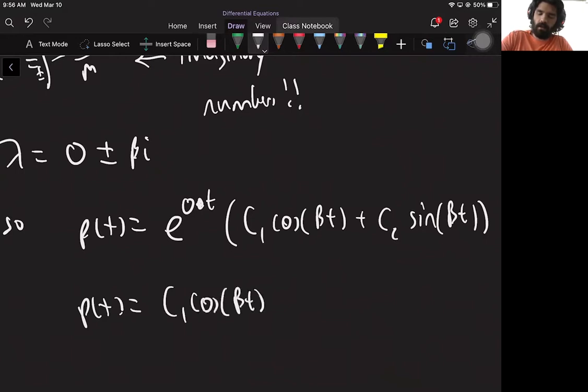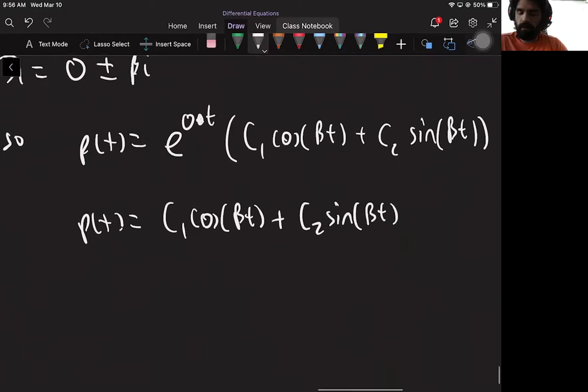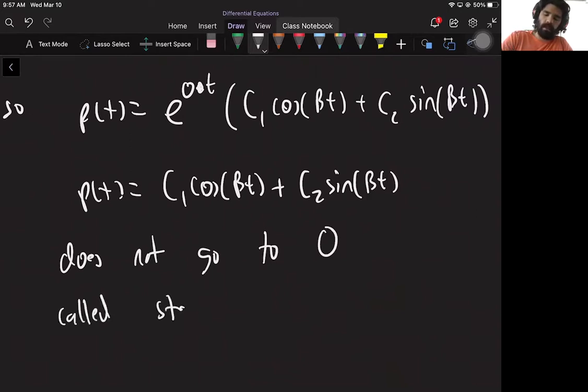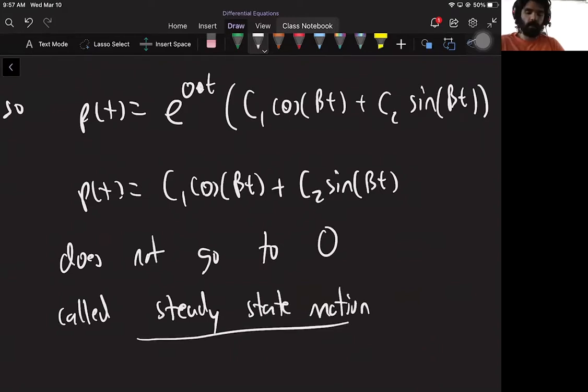So this one doesn't go to 0, and that makes sense because there's no air resistance decaying the motion as it continues. So it just does not go to 0. And there's no air resistance, and it's called steady state motion. So it does not die out. It just oscillates back and forth forever.